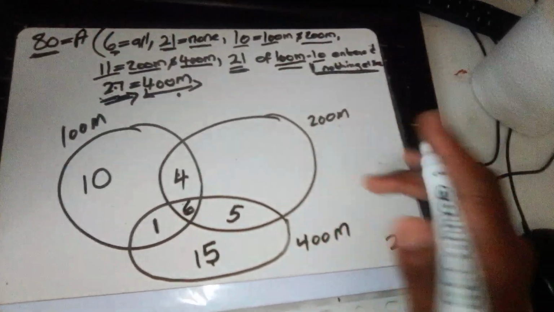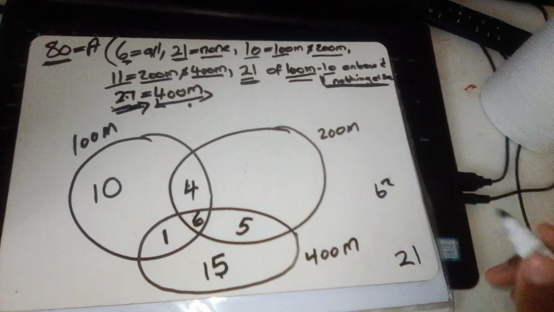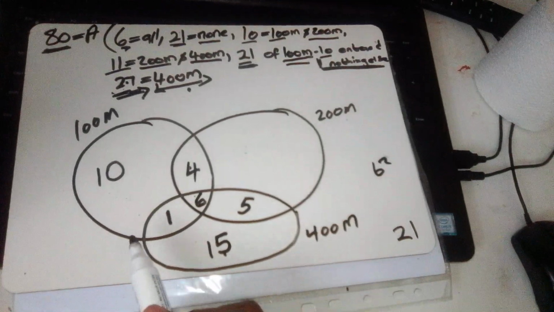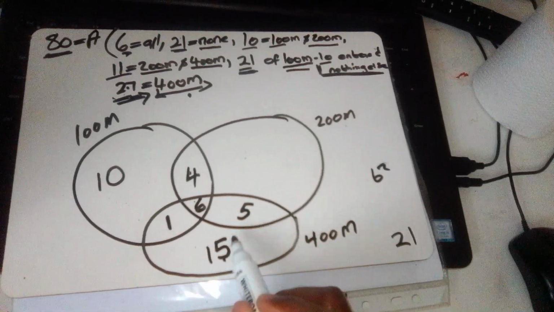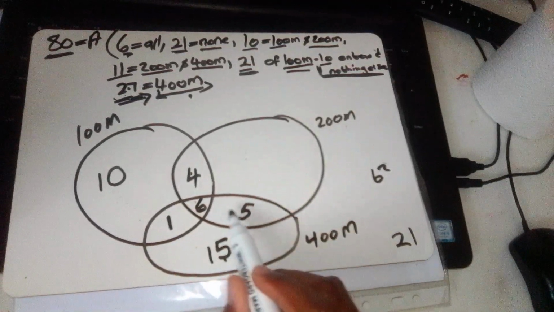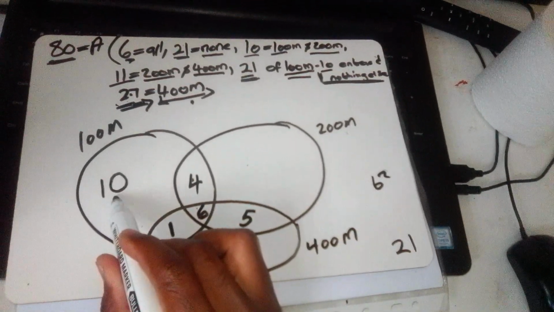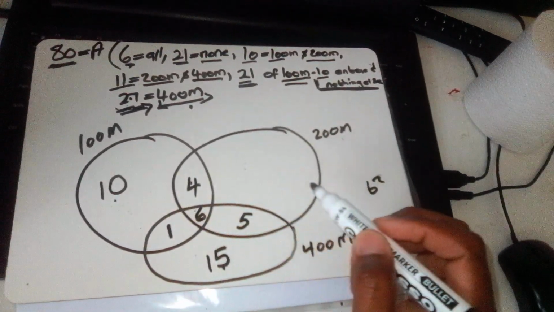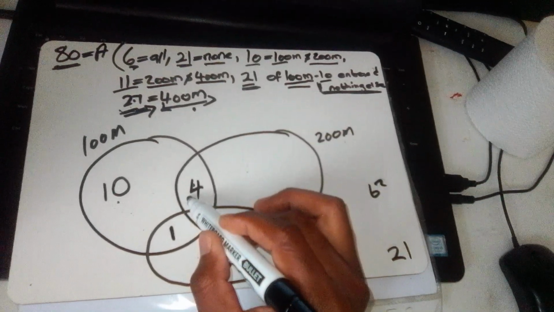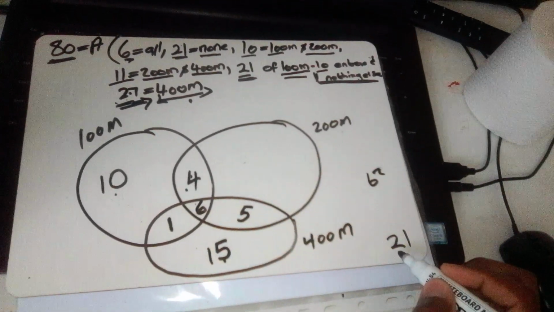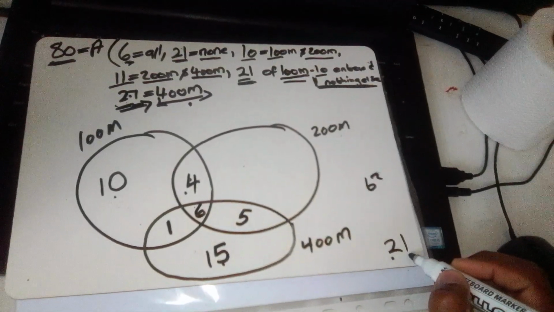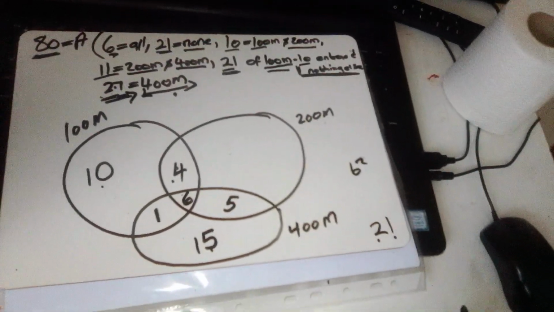So it's 62. Let me see. This is 27, 37, 41, 61, and 62. So we have 62.